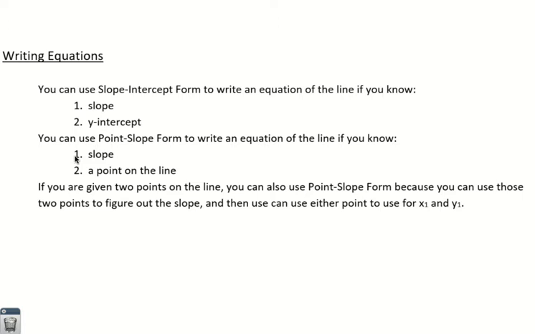So the last thing in 2-4 is going to be writing equations. You are given certain info, and you're supposed to write an equation of the line that's being described, or that pertains to what they're telling you.